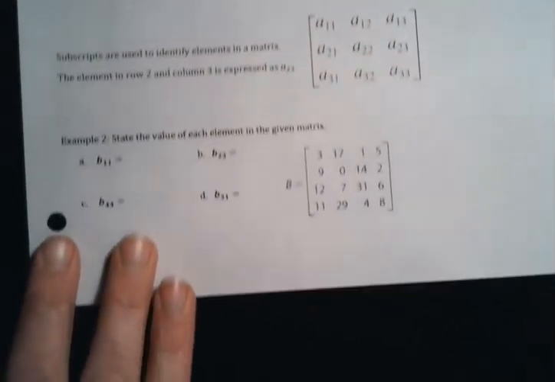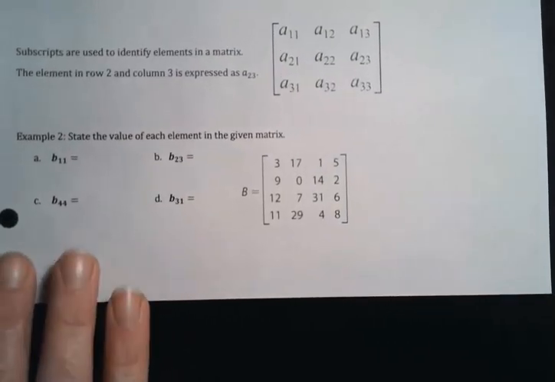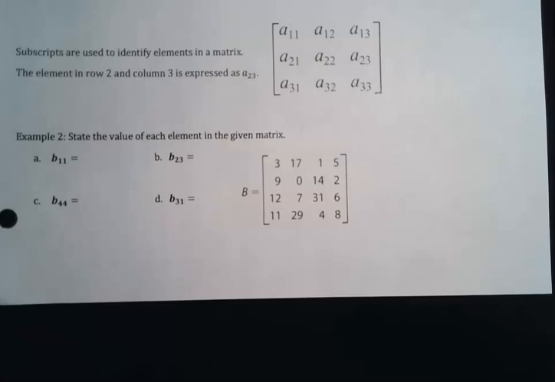Got to get all the new introductory stuff down. All right, subscripts are used to identify elements in a matrix. So we can identify elements in a matrix using a subscript. So the element in row 2, so row 1, row 2, row 3, and column 3.